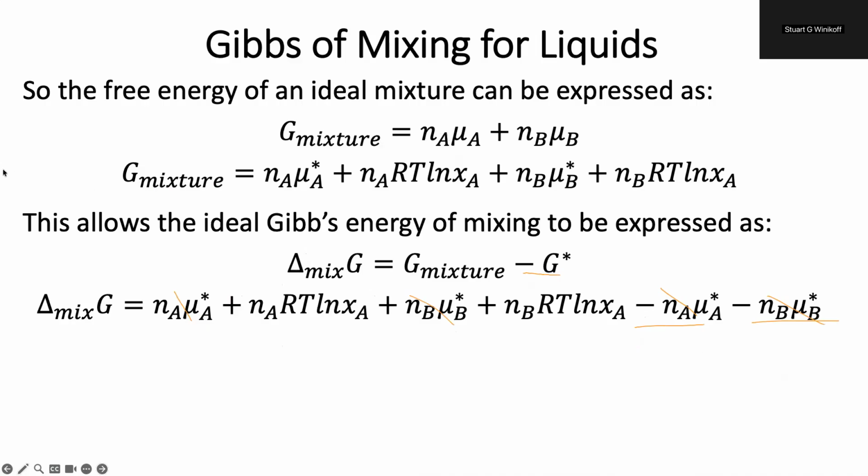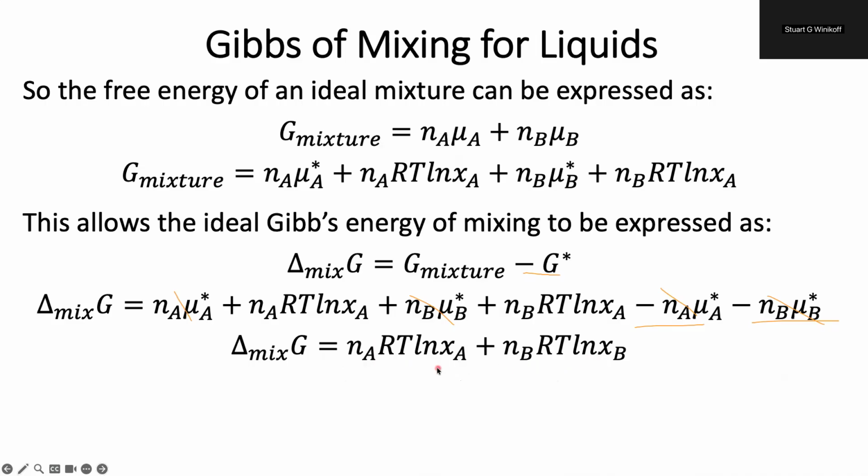What this leaves behind is a relatively straightforward expression for the free energy of mixing for ideal systems. As long as the intermolecular forces don't significantly change during the course of mixing, we have an equation that looks rather similar to what we saw for gases, based on the amount of each component and the relative mole fraction.